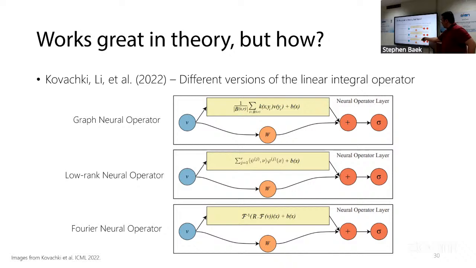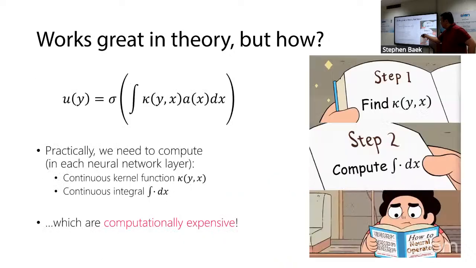Or in the case of the Fourier operator, we're going to see soon that we're basically learning some Fourier coefficients in the Fourier basis, so that we can learn this kernel by updating those Fourier coefficients. Does that make sense? Okay.